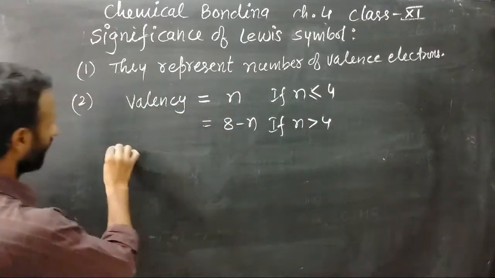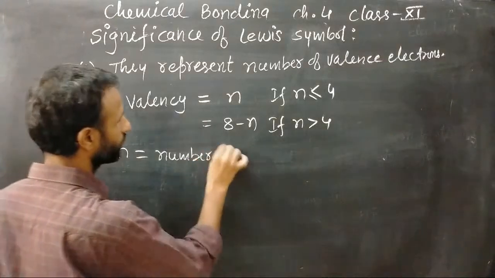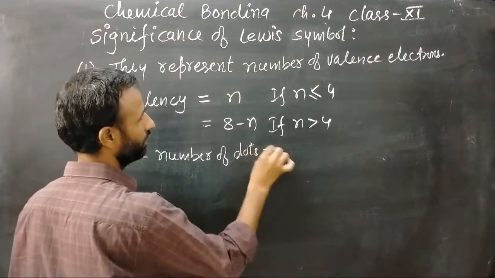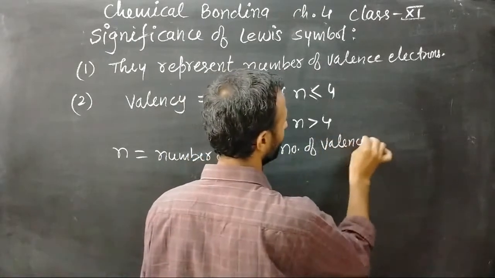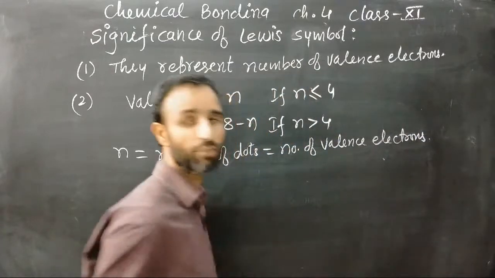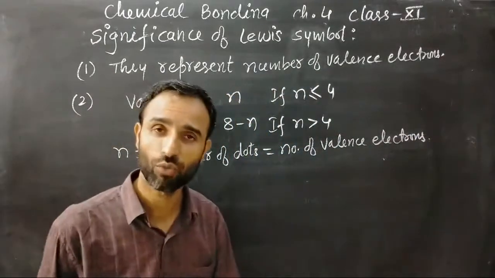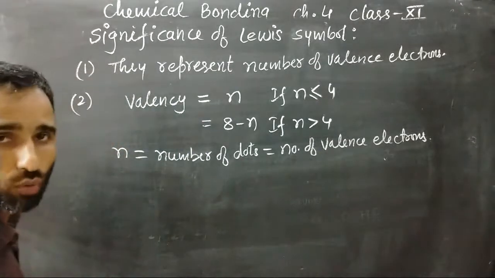Here n is the number of dots, equal to number of valence electrons. And you know valency means combining capacity of an atom.